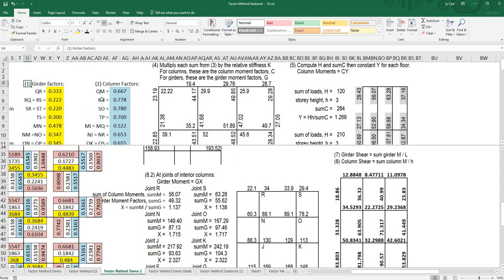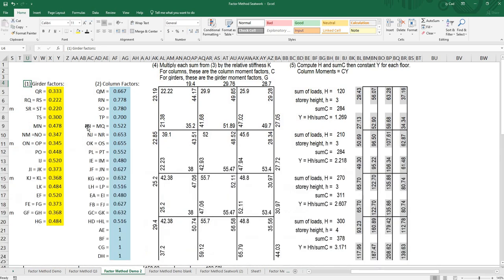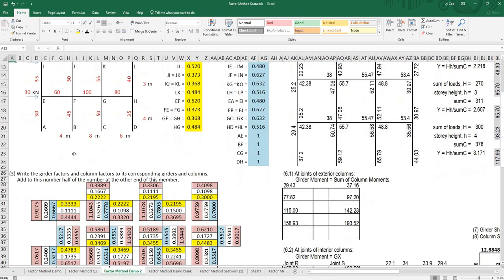Yan ang pinaka-importante. And then step 3 is plinat natin siya dito. Okay? And then i-divide natin yung mga column factors divided by 2, tsaka beam factors nilipat natin sa kabila, and then in-add natin yan yung kulay orange.